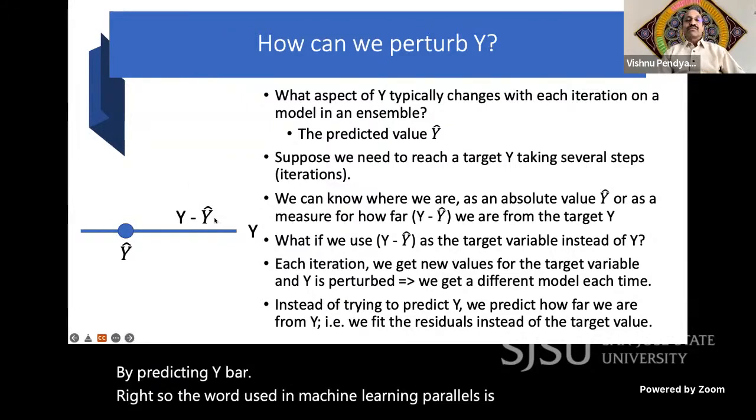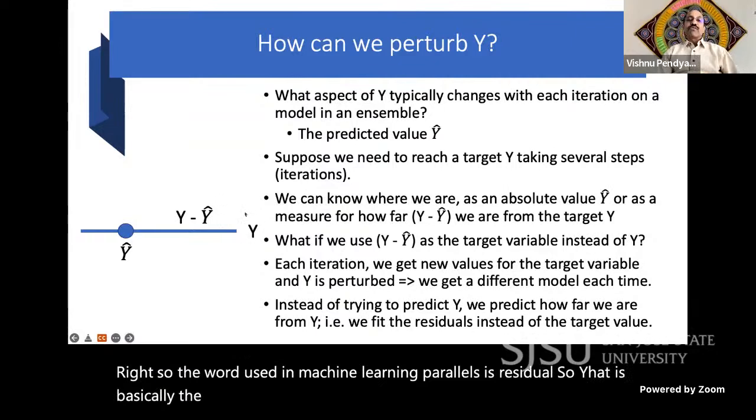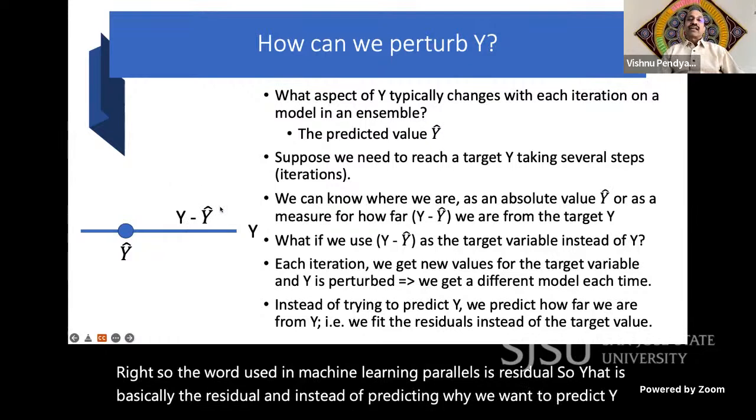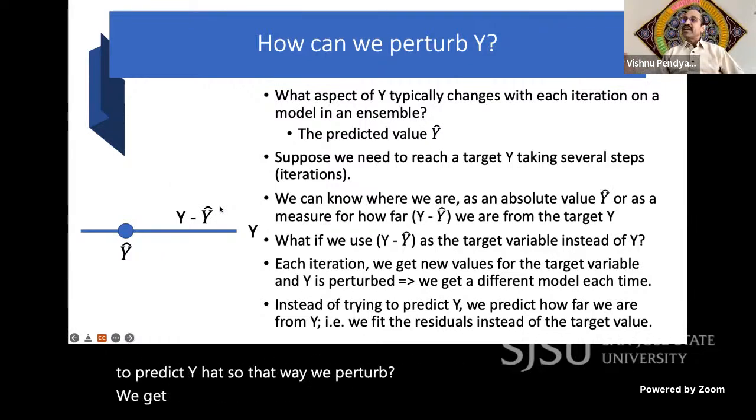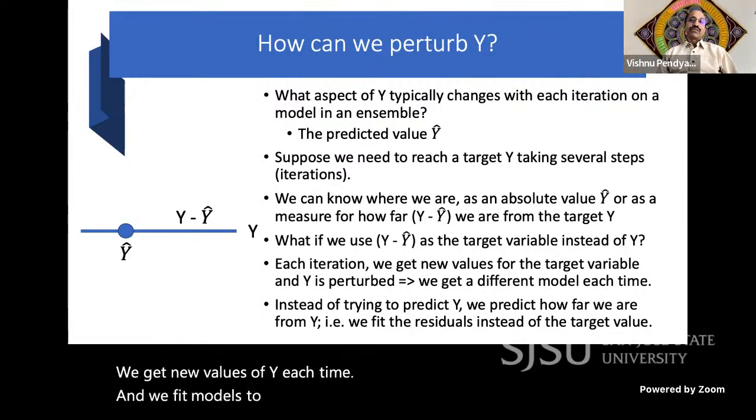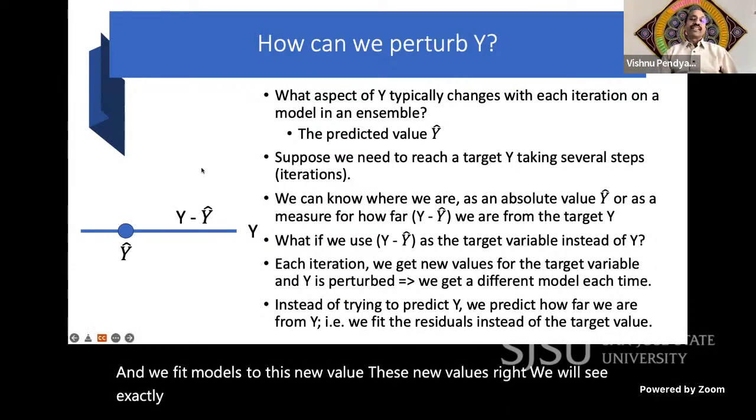So instead of predicting y, we want to predict y minus y hat. That way we perturb, we get new values of y each time, and we fit models to these new values, right? We'll see exactly why and how this happens in more detail, but this is the basic idea of perturbing y.